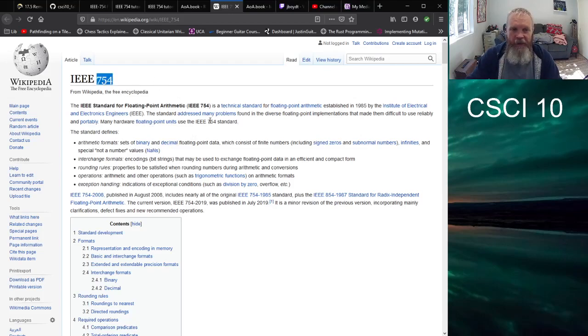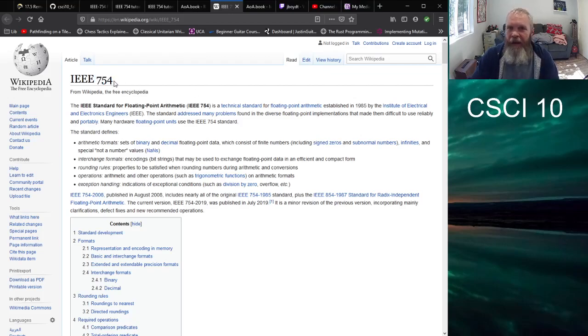So this particular standard is a definition of how you can store floating point values in binary. The nice thing for us in computer science and computer engineering is that all of the processor designers and manufacturers, if they do floating point, they use this standard. So if you understand how 754 defines how floating point values are stored in binary, then that's likely to be the way that you encounter it in your computing work.